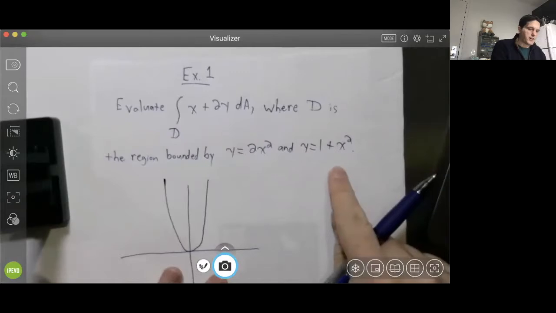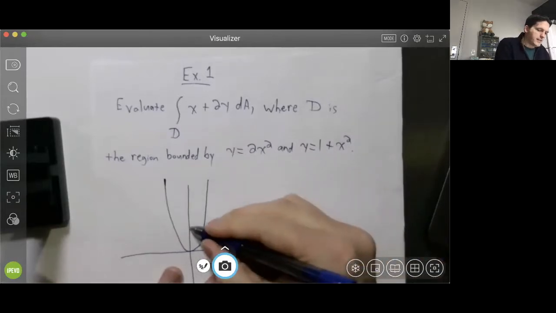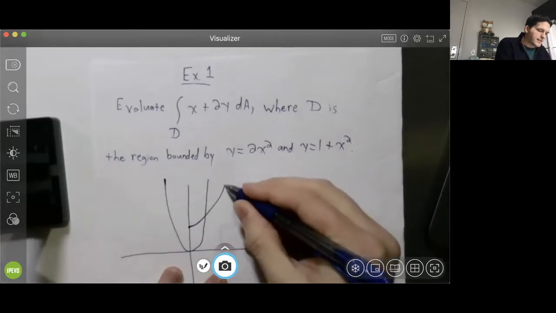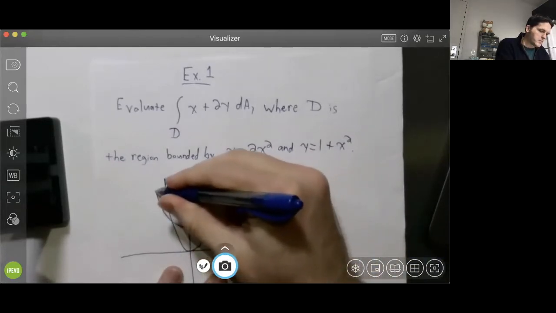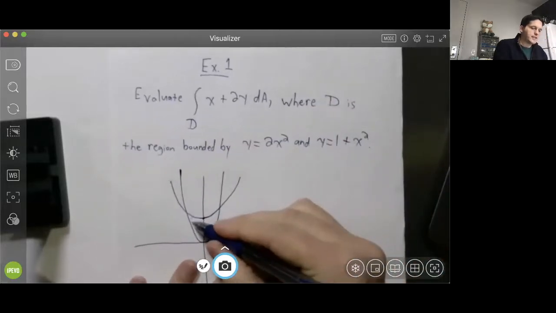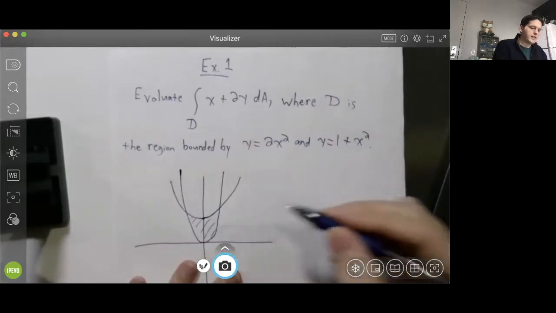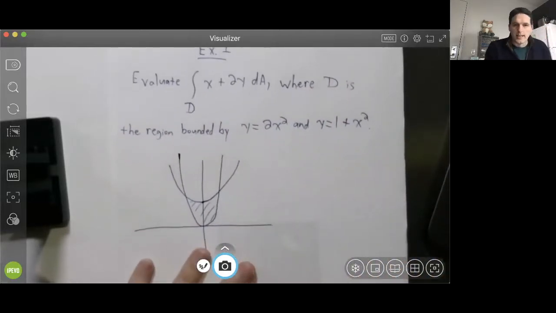And y equals 1 plus x squared is a parabola that looks like this. And so this shaded region, that's the region D that we want to integrate over.